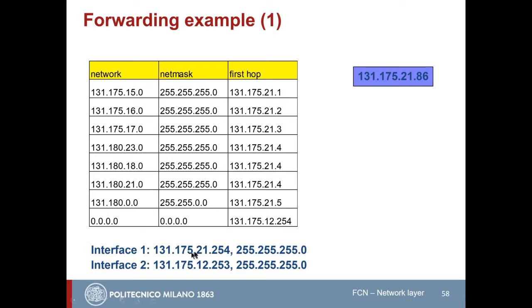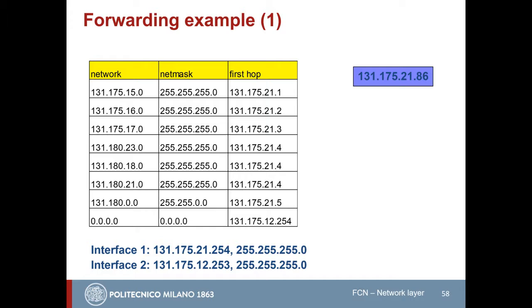So in this case, if you do the AND with the first interface, on this side you obtain 131.175.21.0. On the other side, you obtain 131.175.21.0. So the two results are matching.